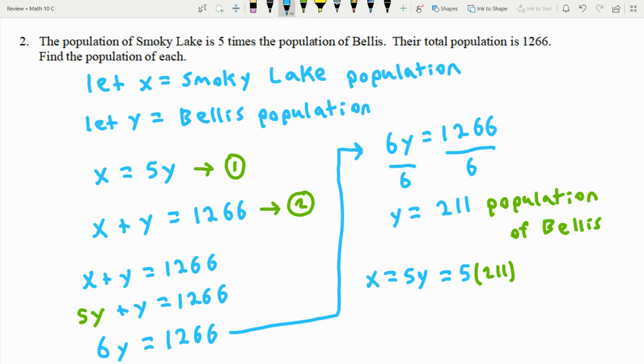And if I solve that, 5 times 211 should be 1,055. So I can say that x equals 1,055, which is exactly 5 times more than the population of Bellis, so the equations make sense. And again, this would be the population of Smoky Lake.